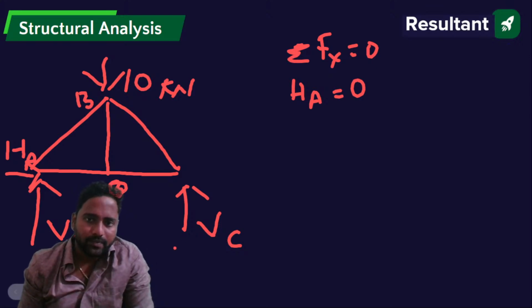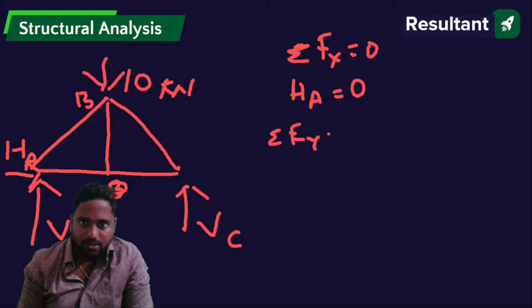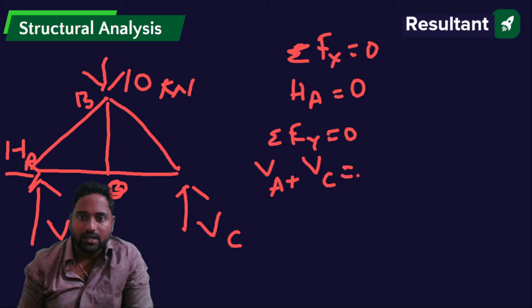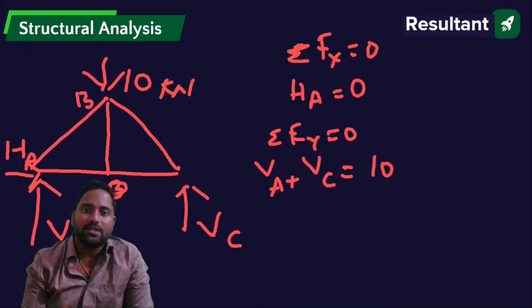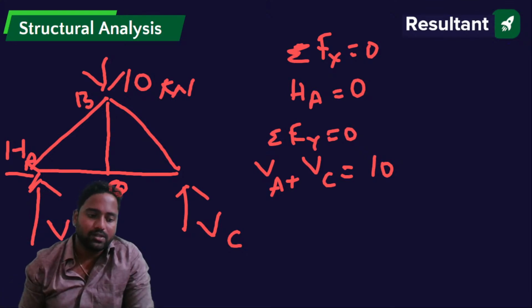That is one thing. Next, summation of forces in y direction equals 0. The forces are VA upwards plus VC, equal to 10 kilonewtons downwards. So VA plus VC equals 10 kilonewtons.